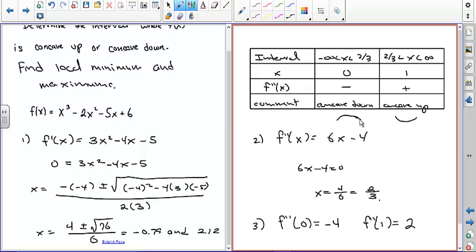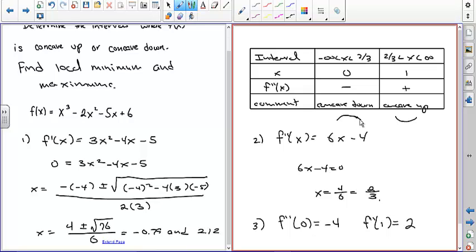So if we go back to here, the value of x, negative 0.79, is in that first interval. And since negative 0.79 is in the first interval, it's concave down, and therefore it's a local maximum. And the second number, 2.12, is in the second interval, and that's concave up, so we know that's going to be a local minimum.